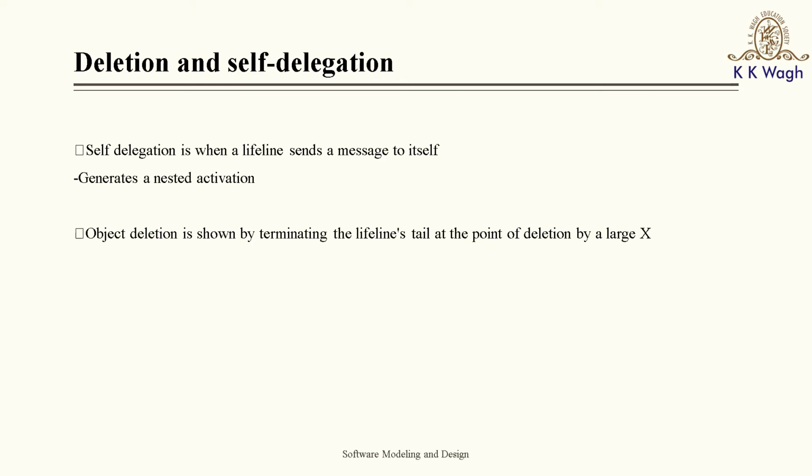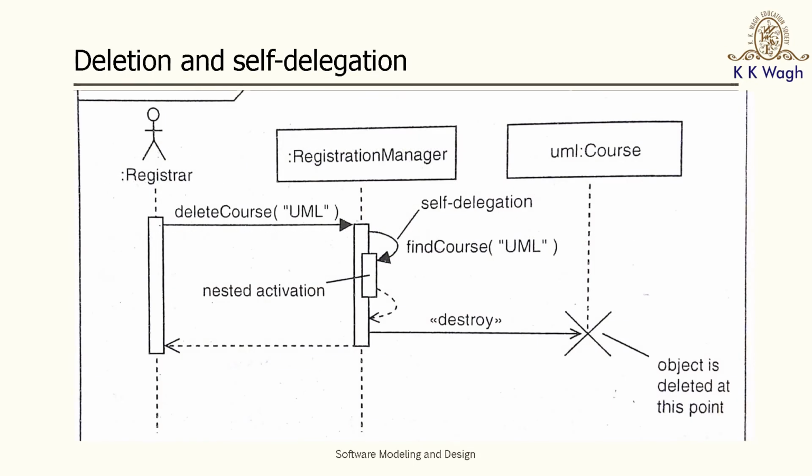And object deletion is shown by terminating the lifeline at the point of deletion by a large cross. That means, see, here you can see the dotted line from this lifeline ends with this cross sign. So this indicates that the object is deleted at this point.